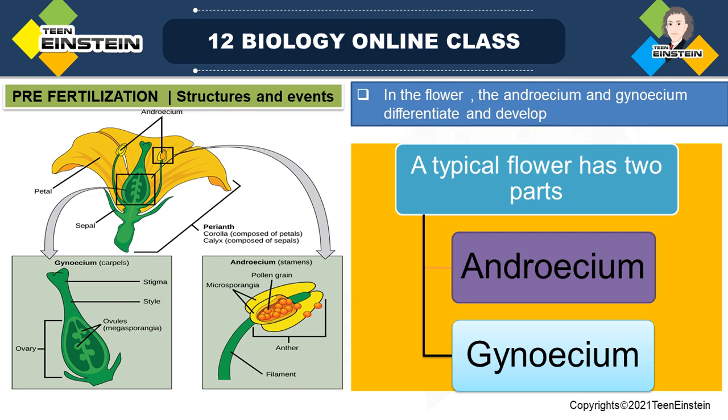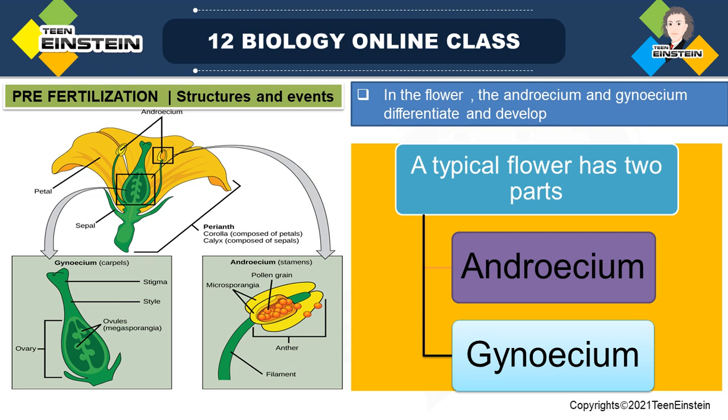In a flower, androecium and gynoecium both develop separately, so fertilization will take place, and those are the essential whorls of a flower. In the flower, androecium and gynoecium differentiate and develop.